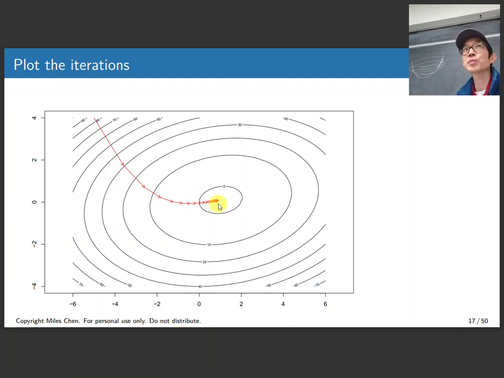And that's basically what's happening here, because at the very bottom, my gradient is 0. And if my gradient is 0, then I'm not going to be taking a step. But you can see it's tending towards the very end.